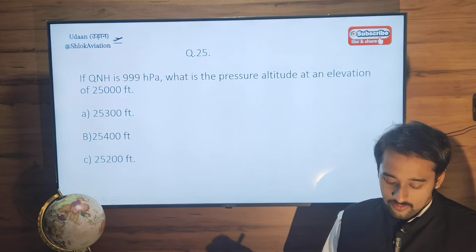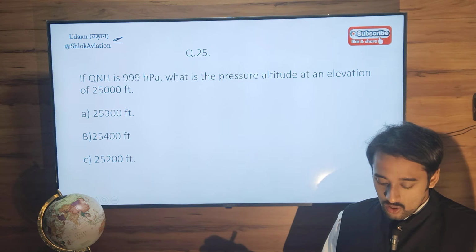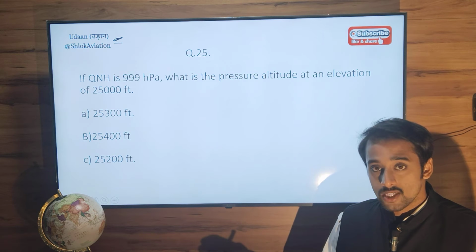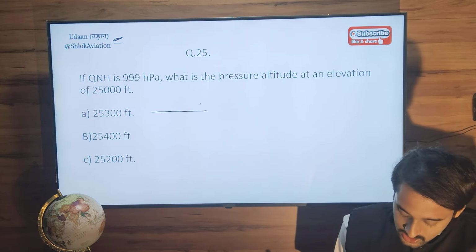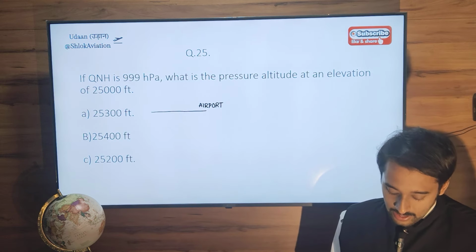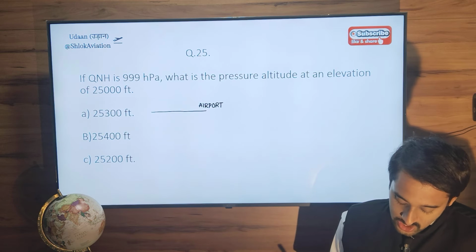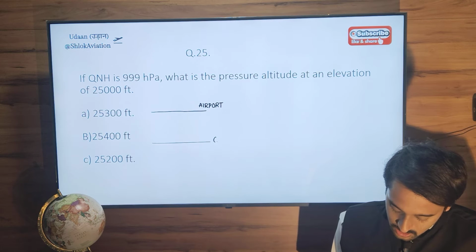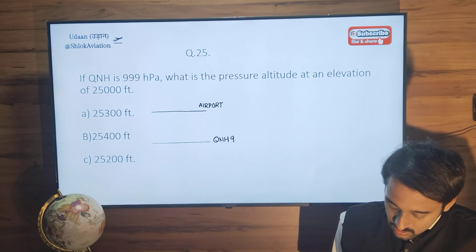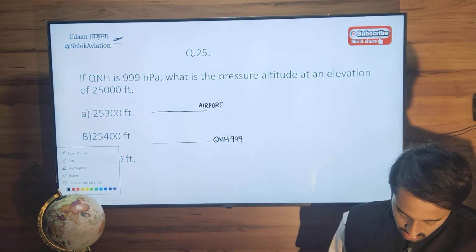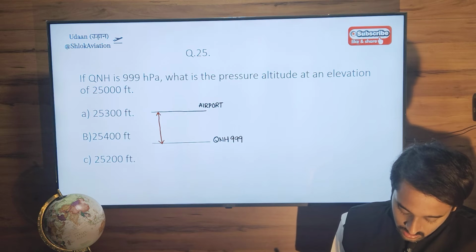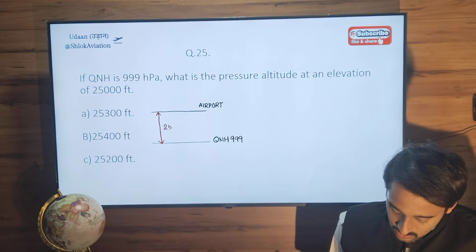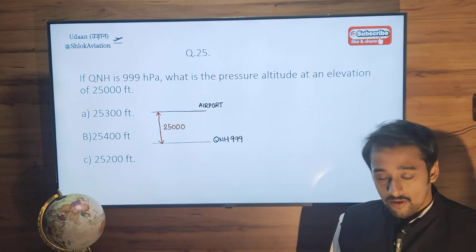So question 25. QNH 999, what is the pressure altitude at an elevation of 25,000? So simple. This is your airport, and the elevation of this airport is 25,000 feet.